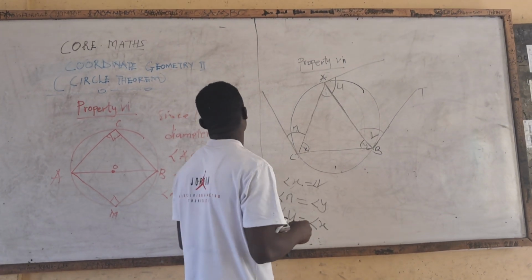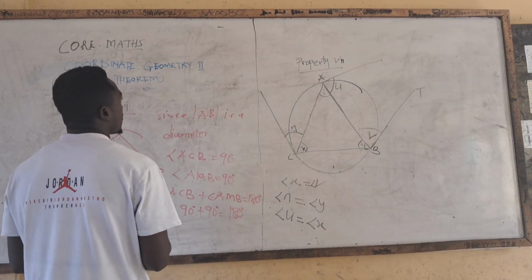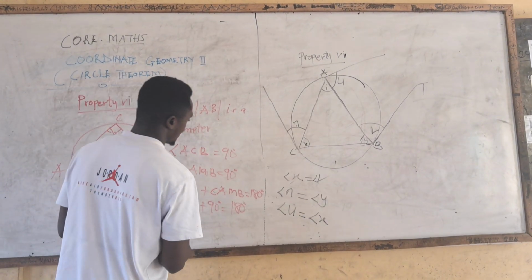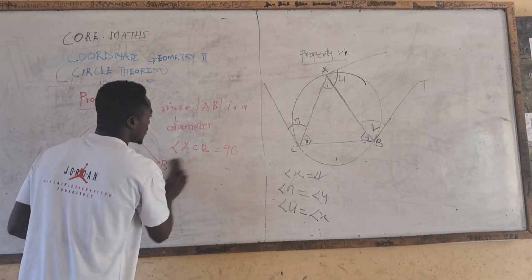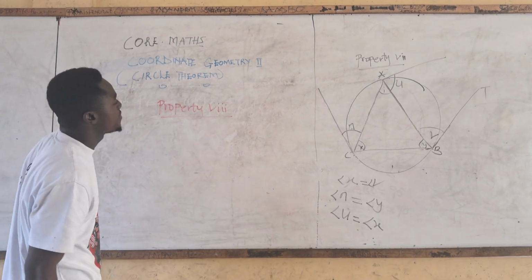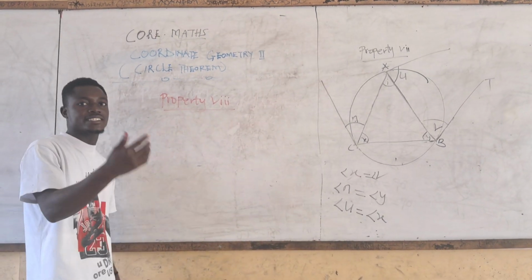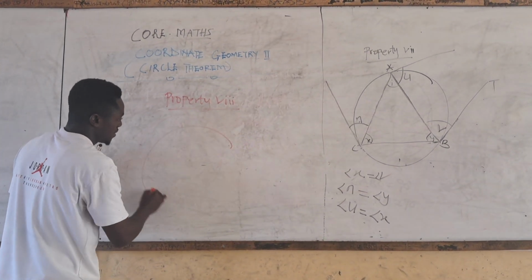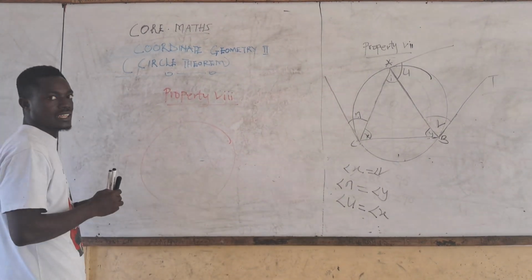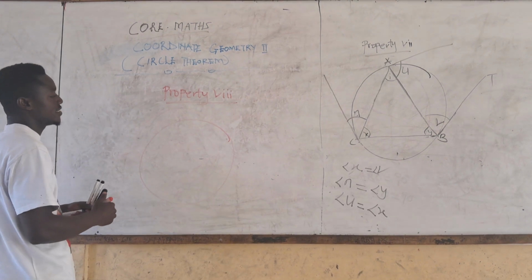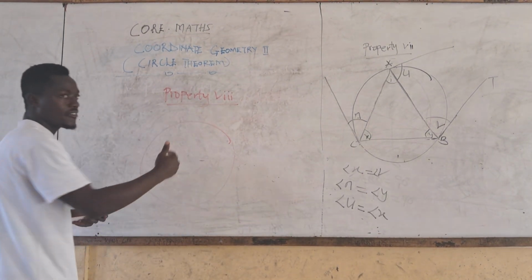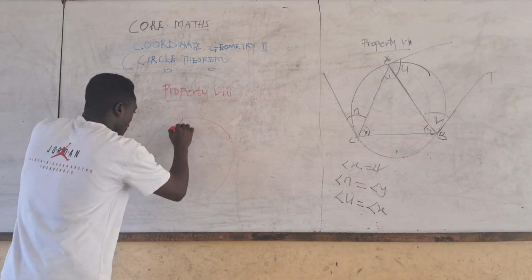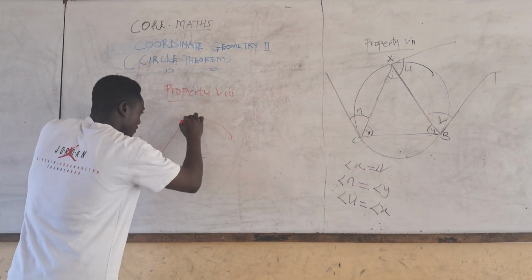Now we move on to property 8. So we move on to the 8th property. And what does the 8th property say? It is that when you have a circle like this, and within the circle we have a quadrilateral, a four-sided figure within.